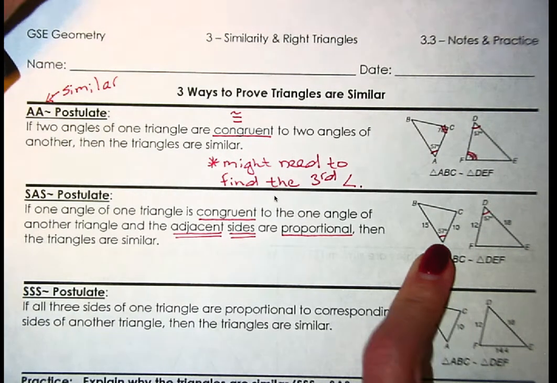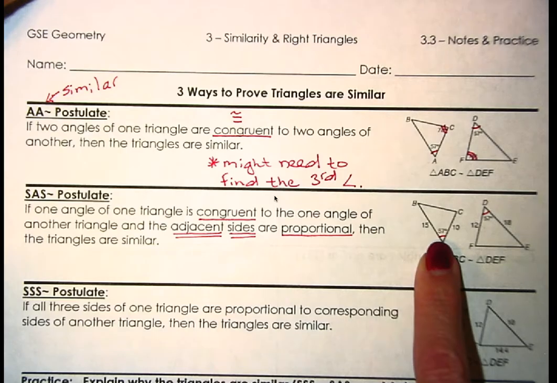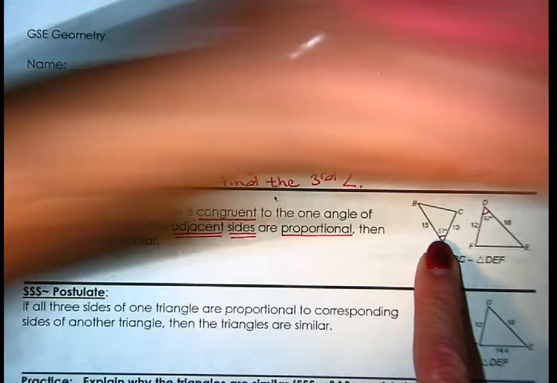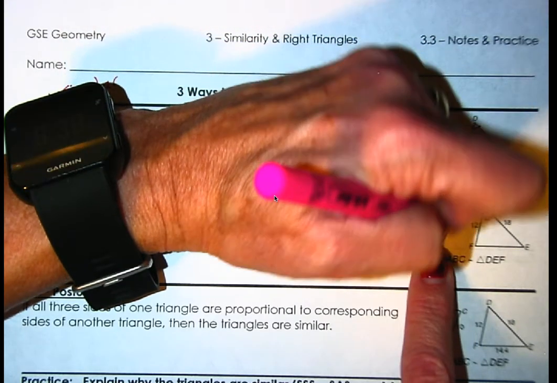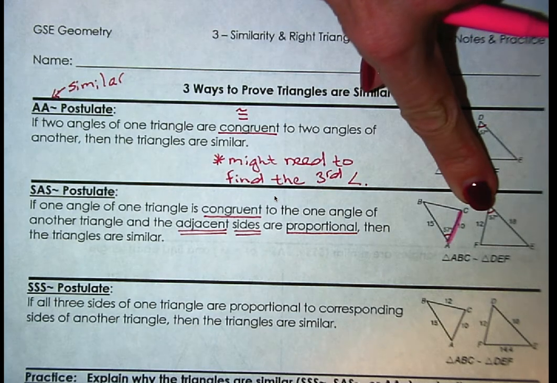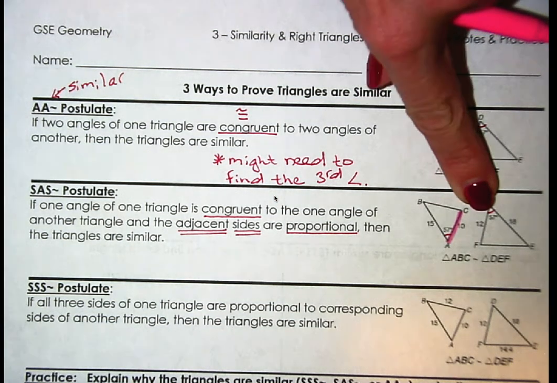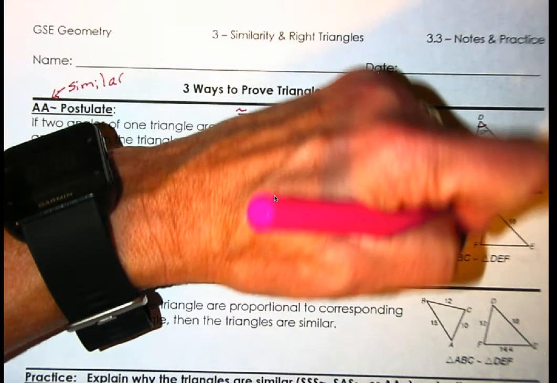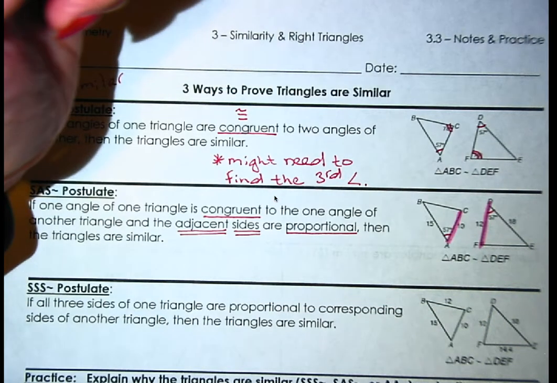So the way I like to do this is put my finger on the 57 and say, the side that is on the right, I'm going to color code it. So I'm going to highlight it in pink, and then I'm going to put my finger up here, and I'm going to say the side that is on the right of the 57 would be this side right here, which would be the 12.